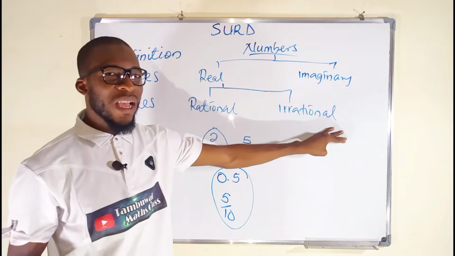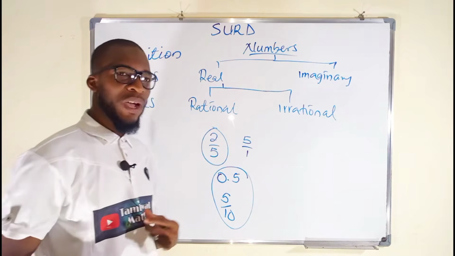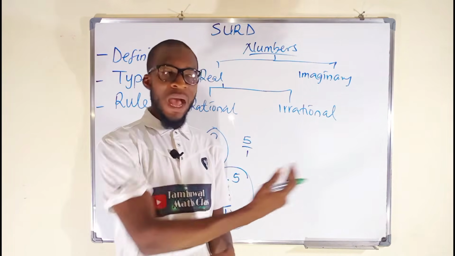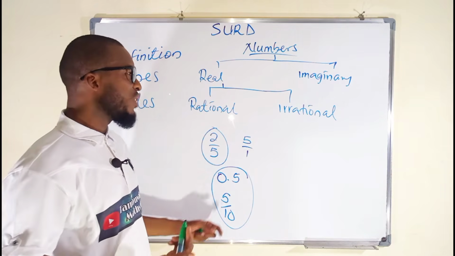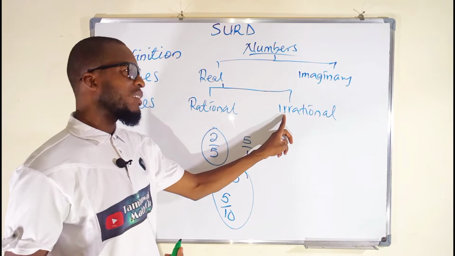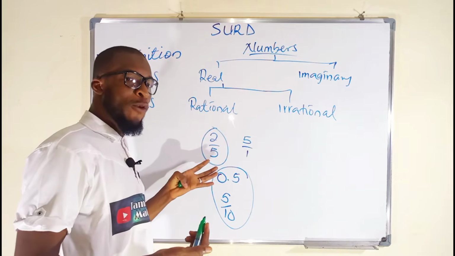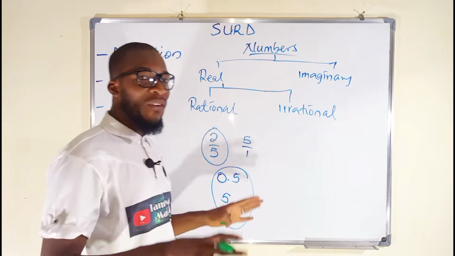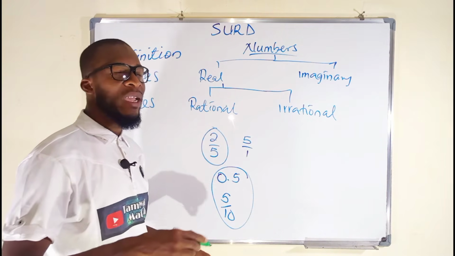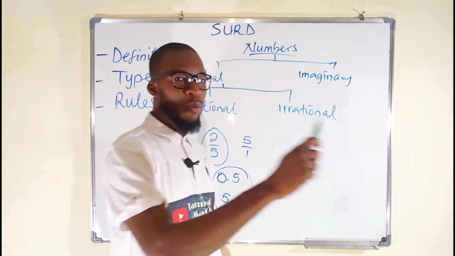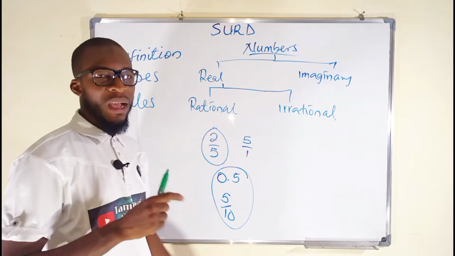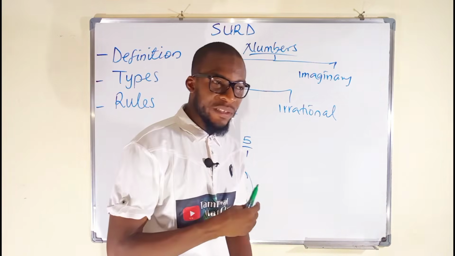But irrational numbers cannot be expressed as such, and we have cited so many examples on why they are irrationals. Once you try to express an irrational number in this form and simplify, you are going to get a decimal number, which is a non-terminating one. It has non-terminating decimals.